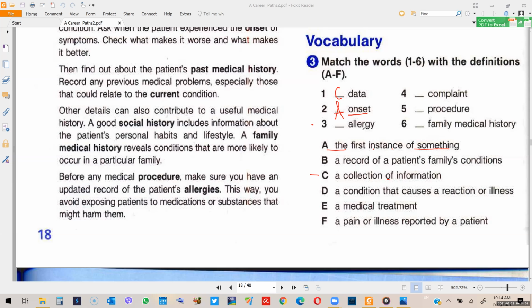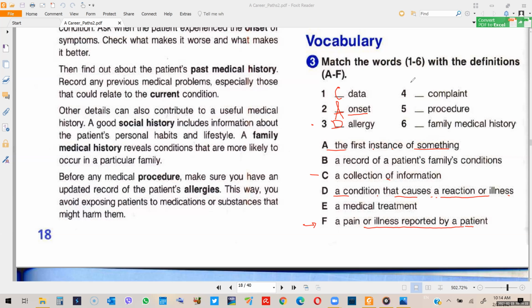Number 3, allergy. It is a condition that causes a reaction or illness. So allergy is number D. Complaint, number 4, is a pain or illness reported by a patient.